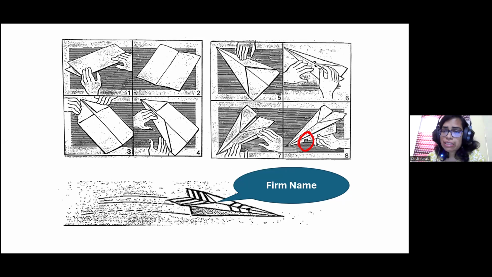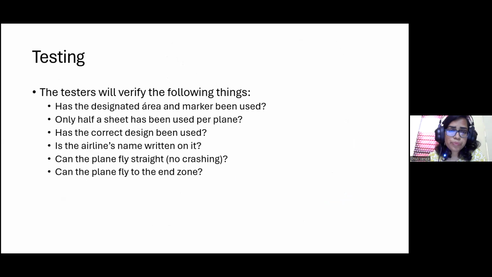You have to write the name of your firm on the plane, and you have a time limit. So each group of students has to make as many planes as they can in 3 minutes, following this specific way of making paper planes. And if there are any planes which are unfinished by 3 minutes, that will be rejected.